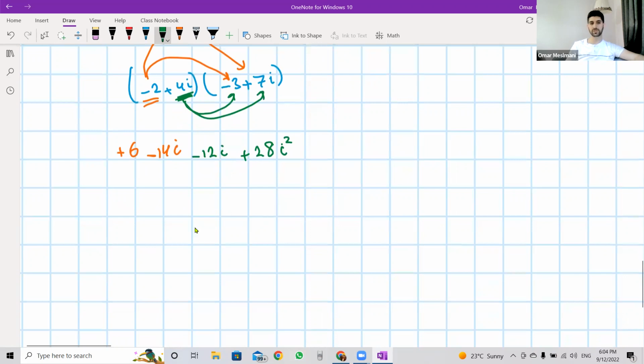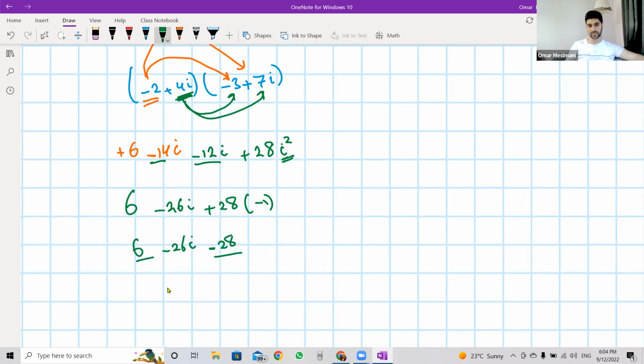So I have 6, then -14 minus 12 gives -26i, plus 28 i squared. I told you, don't keep the i squared, put it as a -1. Now you have 6 minus 26i minus 28. 6 minus 28 is -22, so the answer is -22 minus 26i.